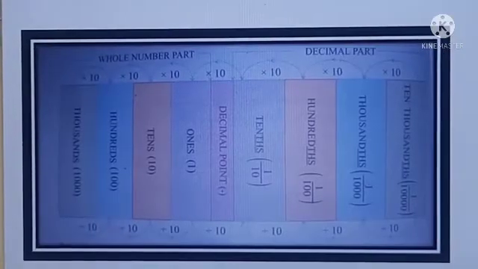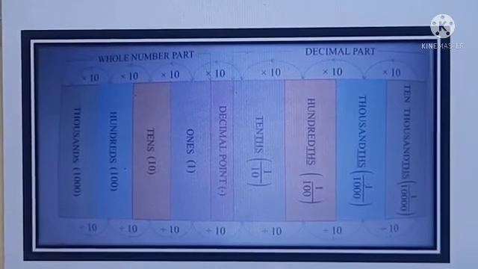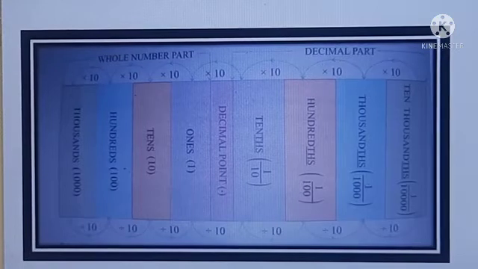So decimal, the word decimal originates from the Latin word decem, D-E-C-E-M, which means tenth. Understood? Do you know that the decimal number system was first used in India and was taken up by the Arabs and introduced in Europe later?